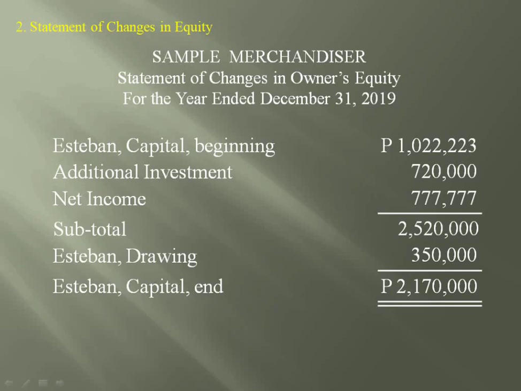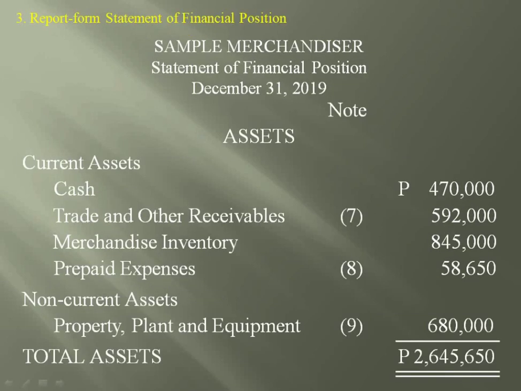Or are just picked up from the adjusted trial balance or 10-column worksheet, such as this merchandise inventory end in the statement of financial position.